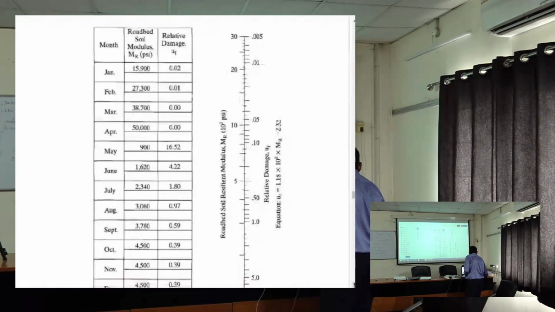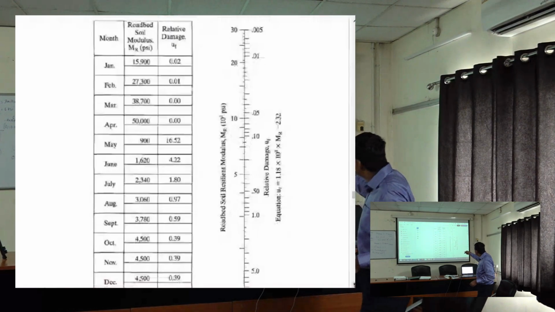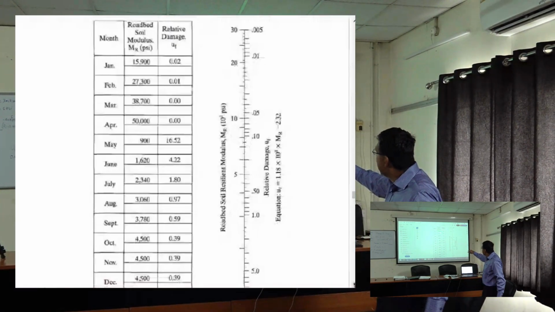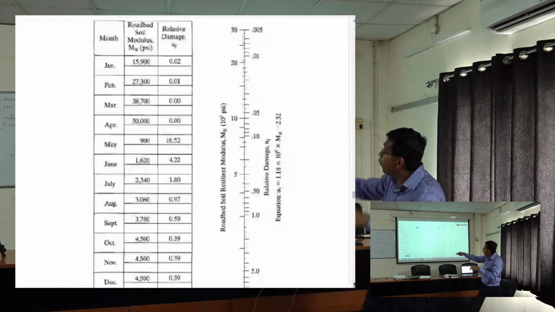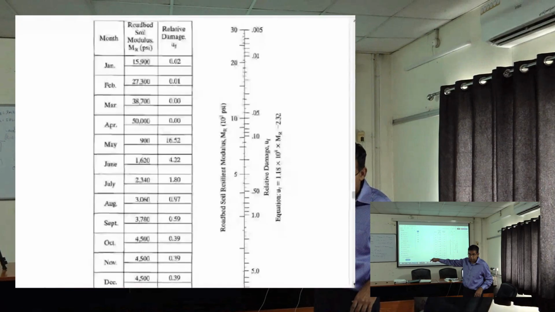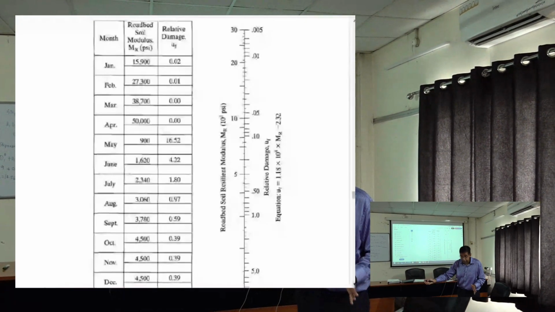The concept here is phenomenal, very, very interesting. Right here, in January, this is the soil. This is just the natural soil, right? Remember, I went with a single number, 5,000 PSI, right? But in reality, through the entire year, the number is not going to be the same.